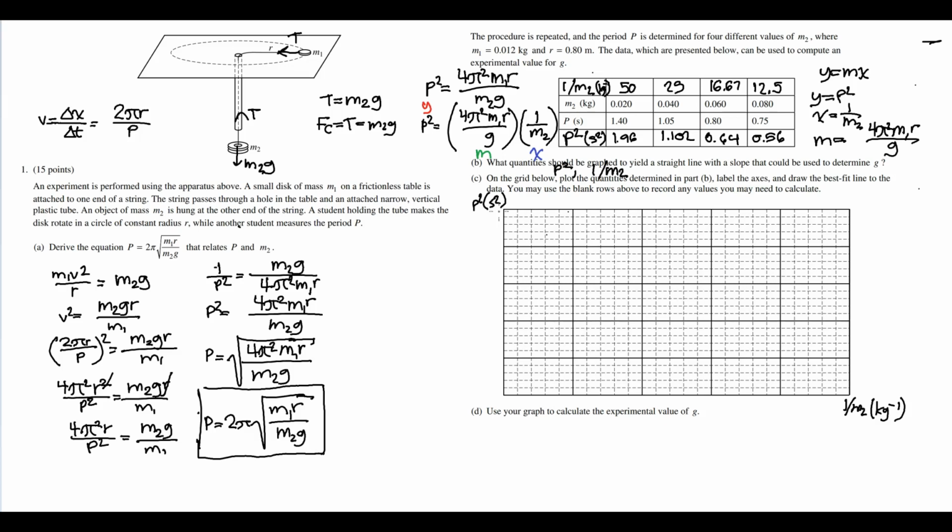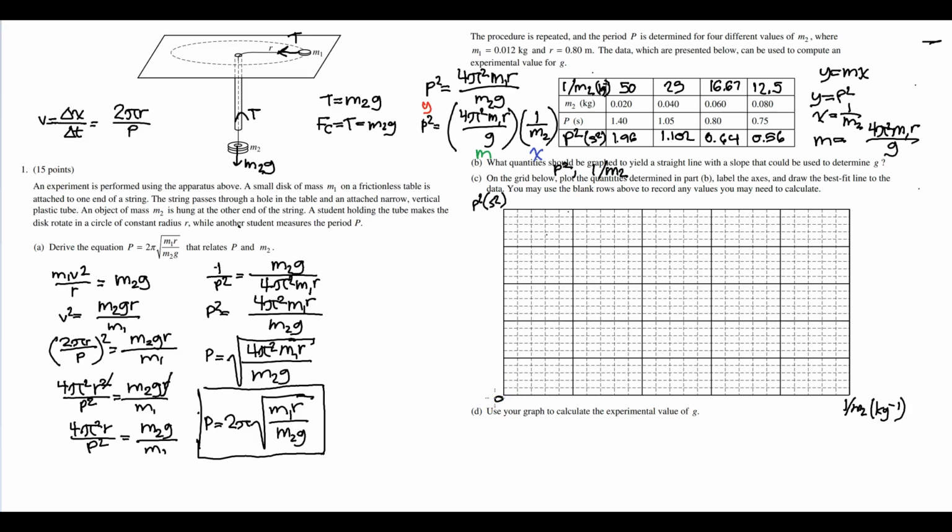All right. So what are we going to scale the p squared with? We want something that reaches from 0 to 2. So we could label it by 0.50, because 1.96, the very first value for p squared, is very close to 2.